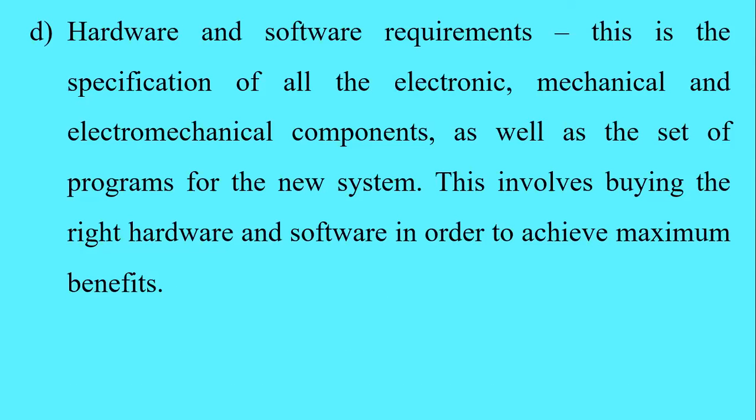Number four is hardware and software requirements. This is the specification of all the electronic, mechanical, and electromechanical components, as well as the set of programs for the new system. This involves buying the right hardware and software in order to achieve maximum benefits.